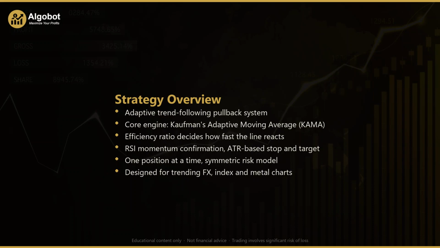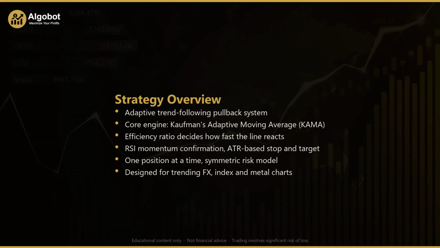The engine that makes this adaptive is Kaufman's Adaptive Moving Average, often shortened to KAMA. A standard moving average always reacts at the same speed. KAMA is different. It measures something called the efficiency ratio, which compares how far price has actually traveled against how much back-and-forth movement it took to get there.